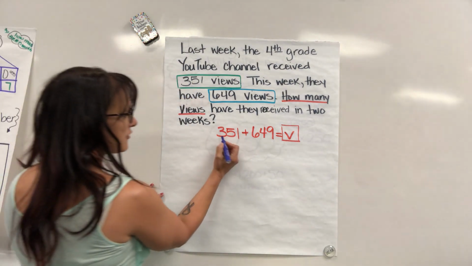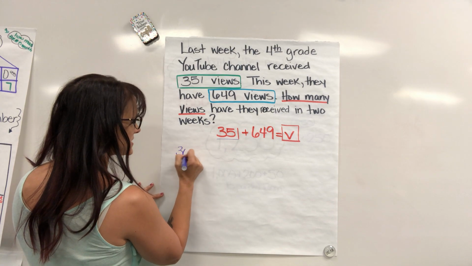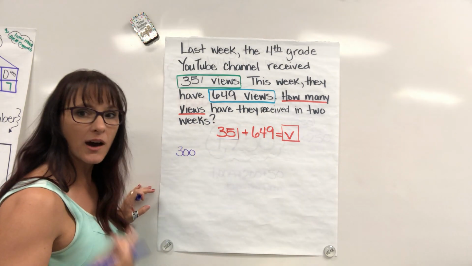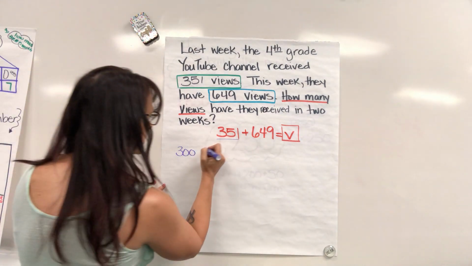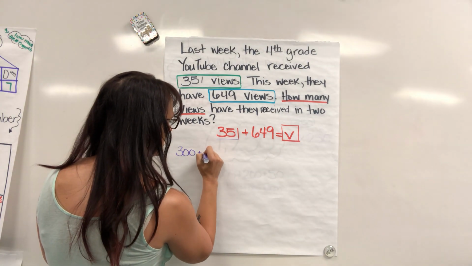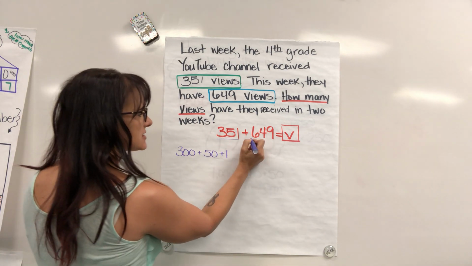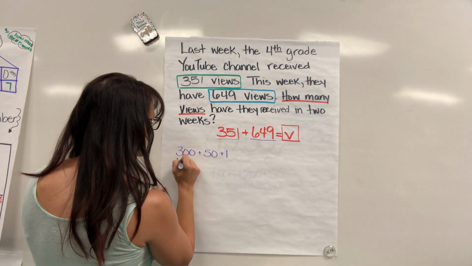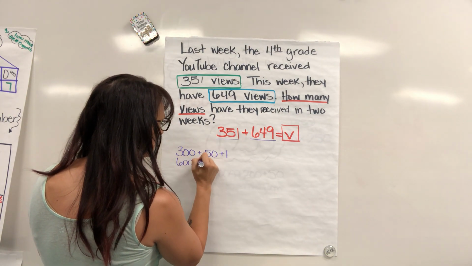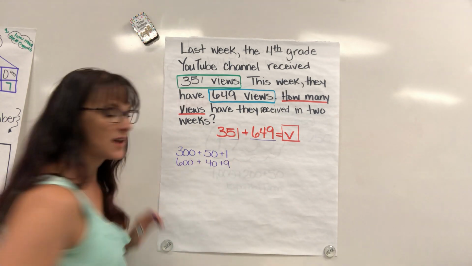So I'm going to take my first amount and I'm going to expand it and show how much each piece is worth. So I have 300 plus 50 plus 1. And then I'm going to do the same thing for my 649. So I have 600 plus 40 plus 9.